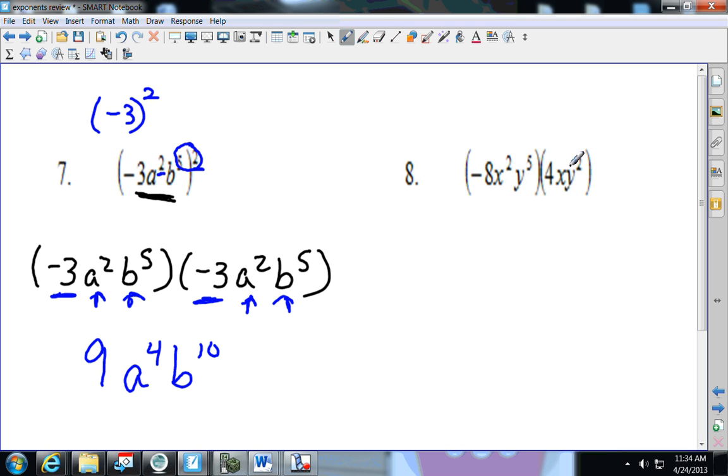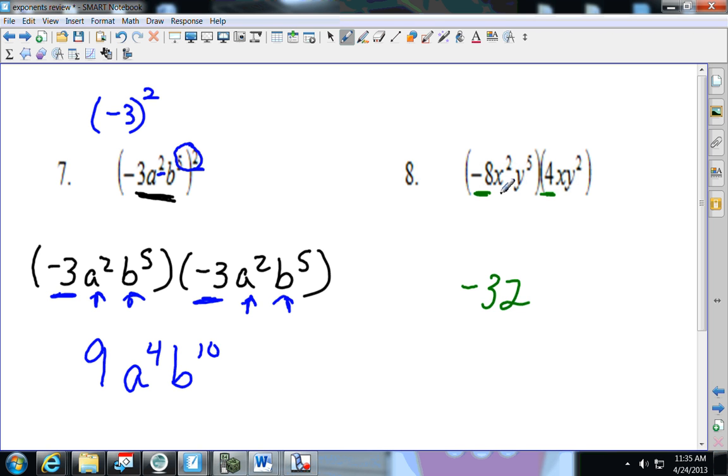Now on number 8, is there any exponent outside the parentheses? No, there's not. Okay, so we don't do any of that. We are just multiplying what's inside the parentheses, just like we're multiplying these two terms. So you're going to take negative 8 times 4, and what does that give you? Negative 32.